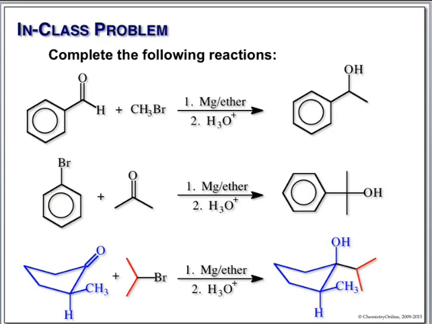Now, we actually will get both stereoisomers at this carbon, but this one is probably the most favored. Here we have a fairly large group, and we're going to play dodgeball with the methyl. So it's going to want to come in on the bottom instead of the top where the methyl is. So this will be the major isomer.